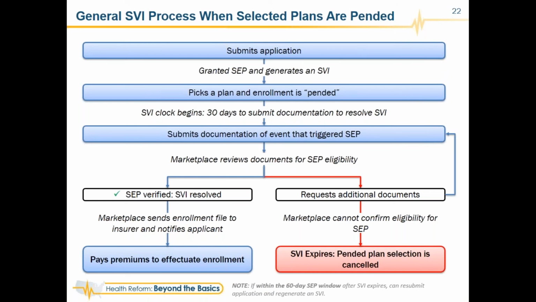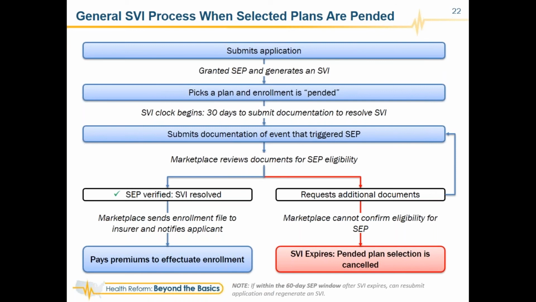The SVI clock starts ticking, giving this person 30 days to submit documents to resolve the SVI. Note here that we have 2 clocks ticking, right? One related to clearing the SVI, which is the 30 days, and another that's related to the SEP triggering event, which is usually 60 days from the date of the event. So there's a lot happening already, and it's super important to be clear about deadlines.